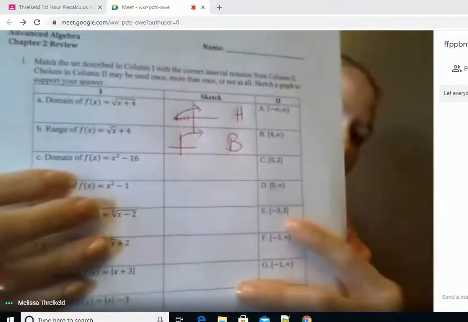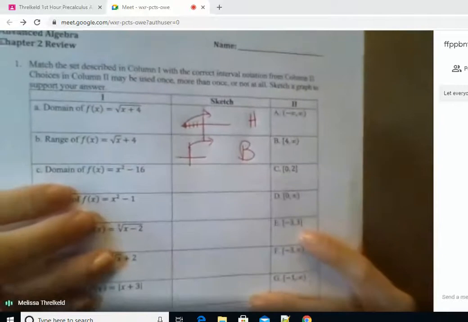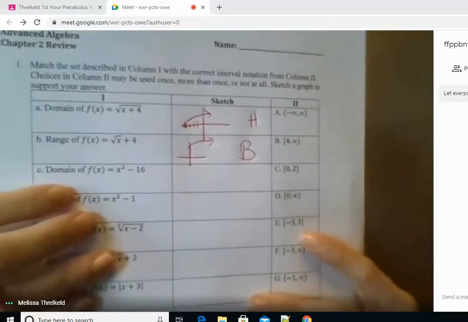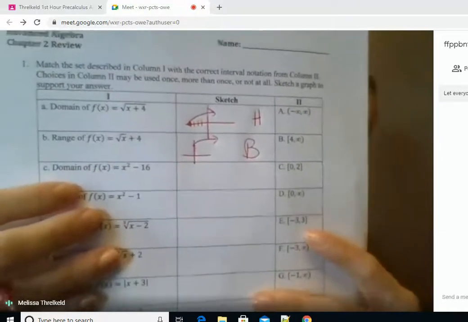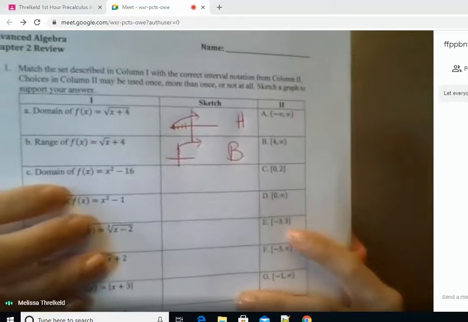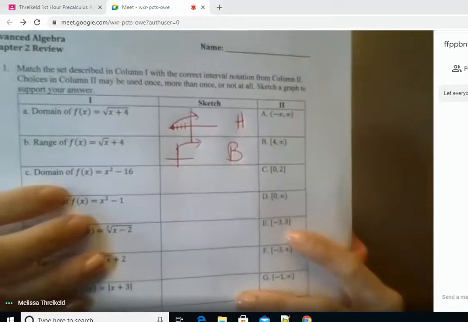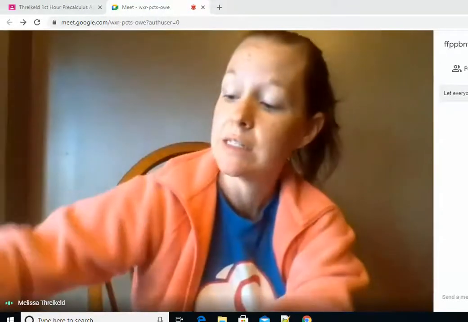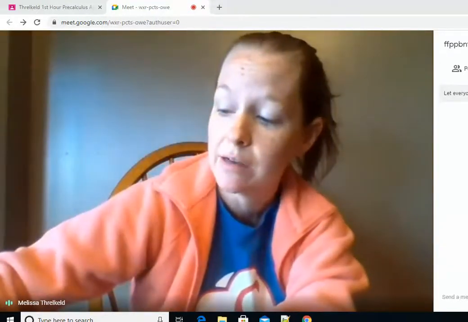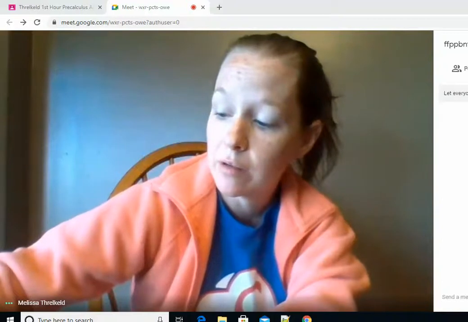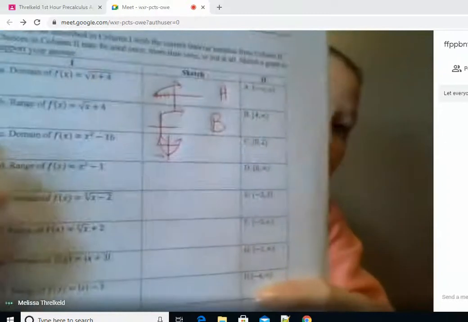C, x squared. What does x squared look like? A parabola. And what would that -16 do? Moves it down because it's on the outside. So your normal parabola shifted down 16. Just a rough sketch.